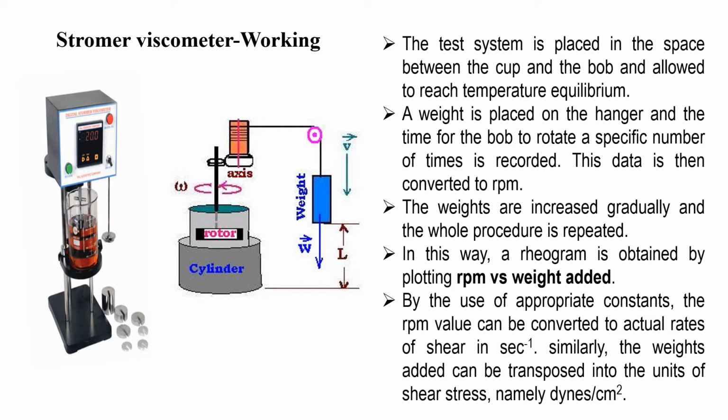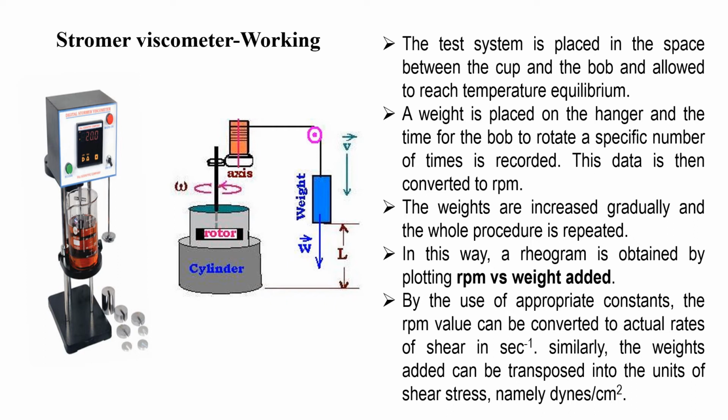Now because of this rotation, there will be some molecular changes that happen in the sample. Thus, those changes can be easily read because of these rotations. If this liquid turns out to be more viscous, if it undergoes some changes in the viscosity, the bob will not make the same number of rotations.